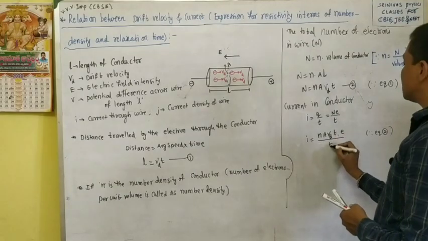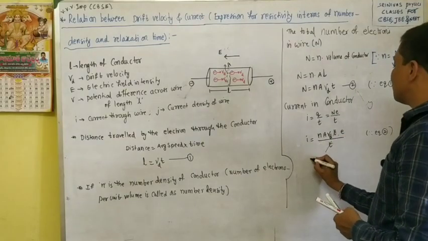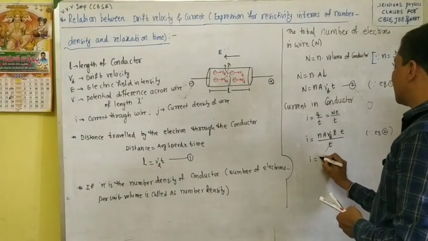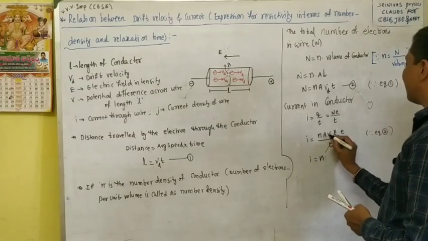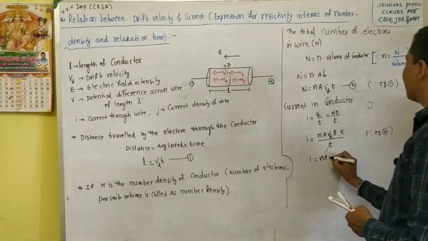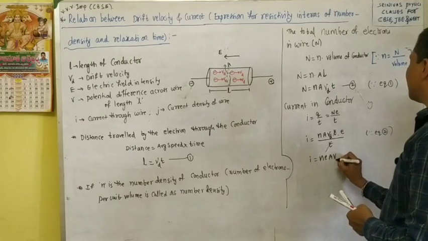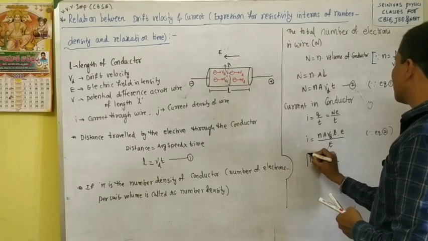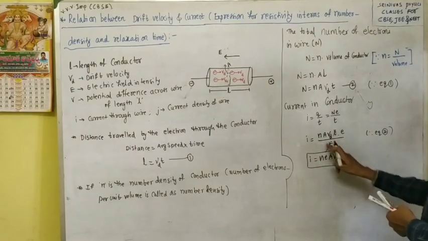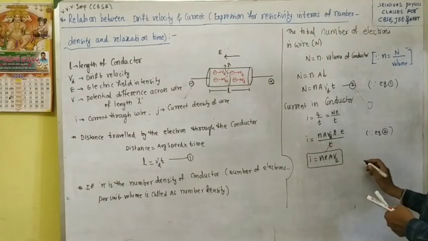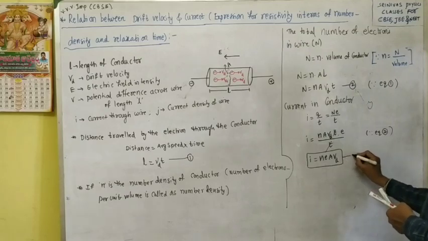Now this t will cancel. Then what you will get is the current formula: neAVd. This is the current formula, and this is equation 3.